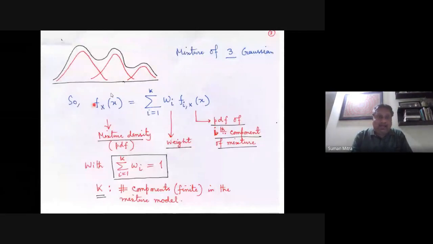Why? Because each Gaussian has mu and sigma: mu1 sigma1 square, mu2 sigma2 square, mu3 sigma3 square, and then W1, W2, and W3. So we have 9 parameters in this mixture model.